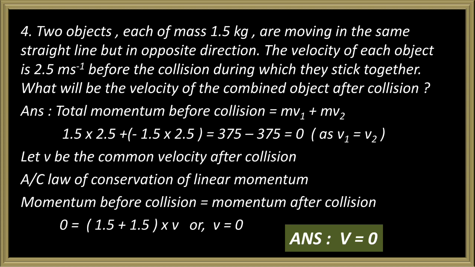So first of all, we find the total momentum before collision, which is mv1 plus mv2. The bodies are moving with the same velocity but in opposite direction, so here we can take v2 equal to minus 2.5 meter per second. After putting the values, we get the total momentum before collision equal to 0.